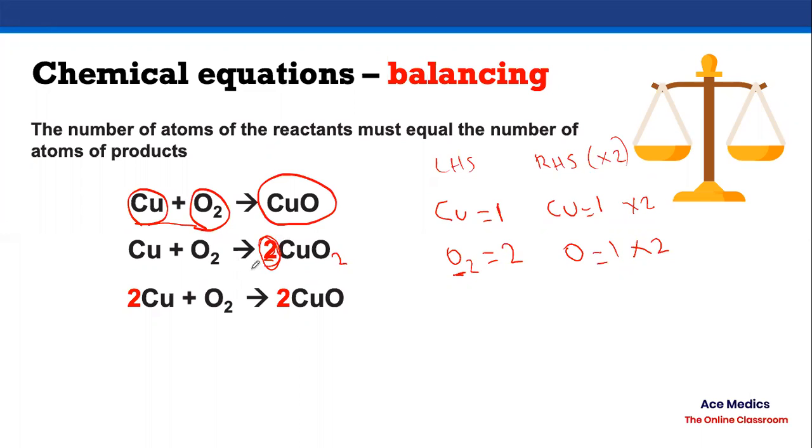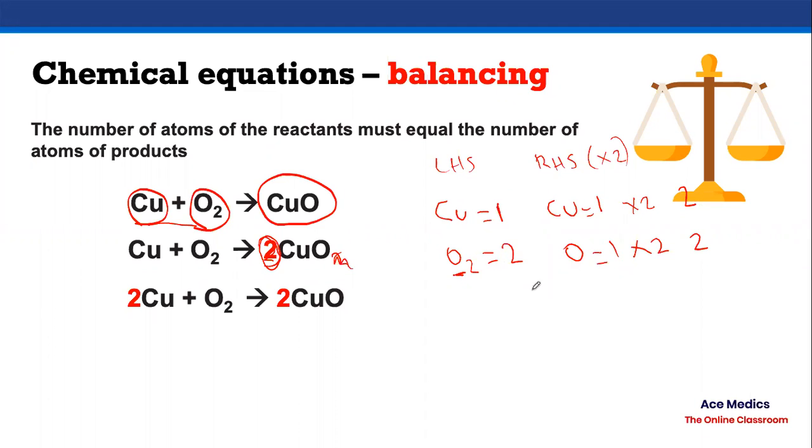Now, when you put a big 2 at the start, we have 2 atoms of copper and also 2 atoms of oxygen. So now we have 2 copper, 2 oxygen. Is this balanced? No, it's not balanced yet at this stage. Why not?